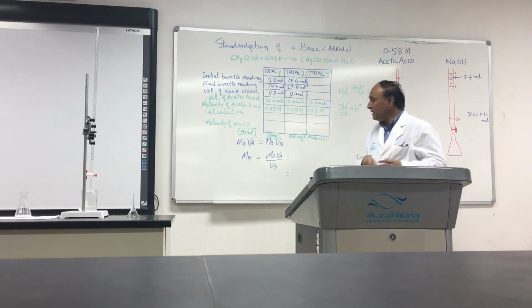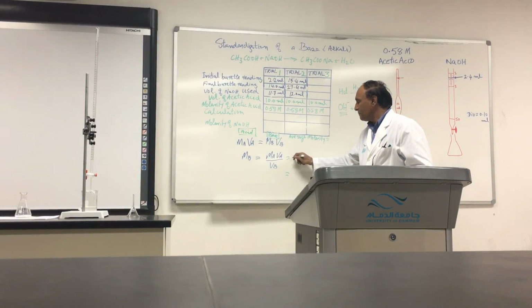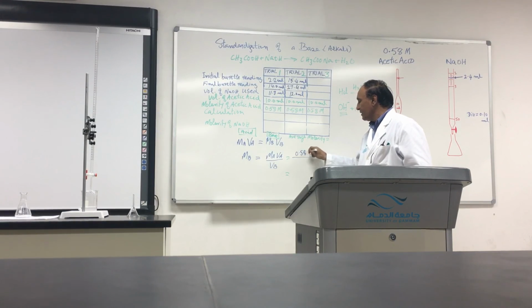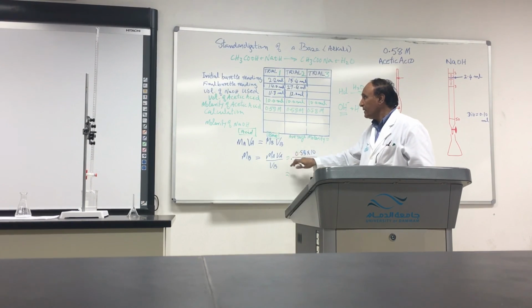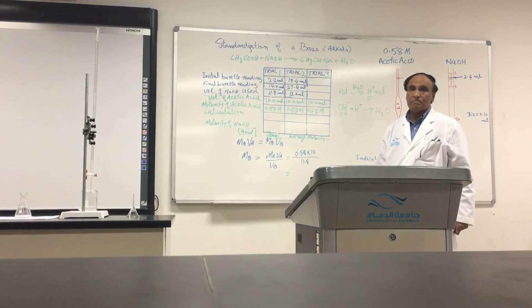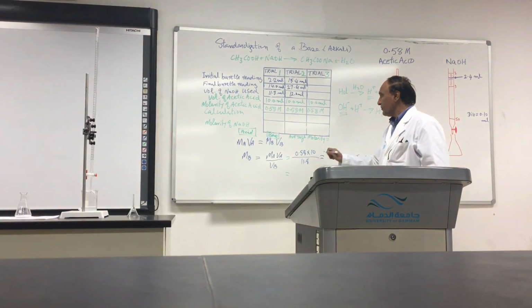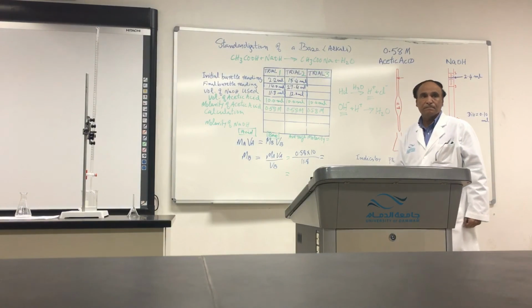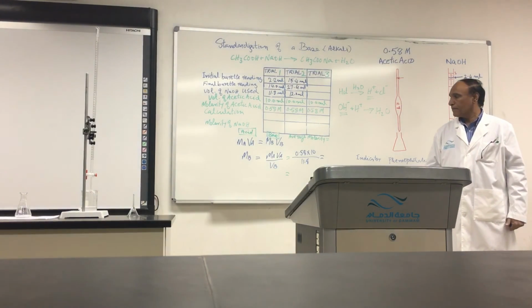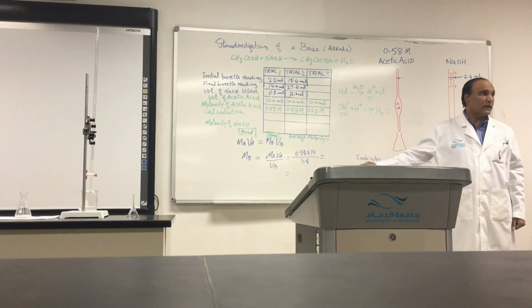So if you tell me what is the molarity of the acid? 0.58. 0.58 into 10, 10 is the volume, and 11.8 is the volume of the base. See what is the answer. Do the calculation. Anybody have? Look what I am doing.